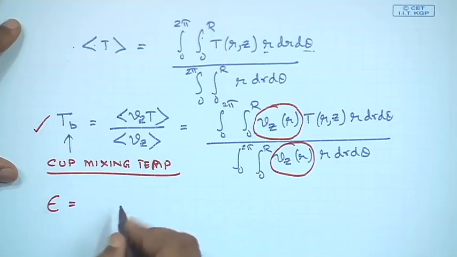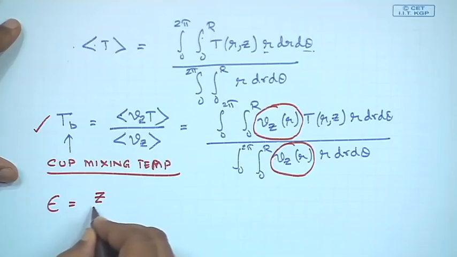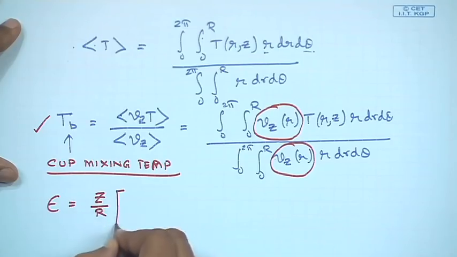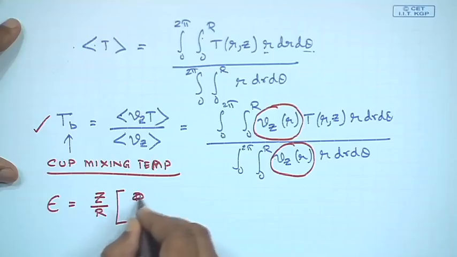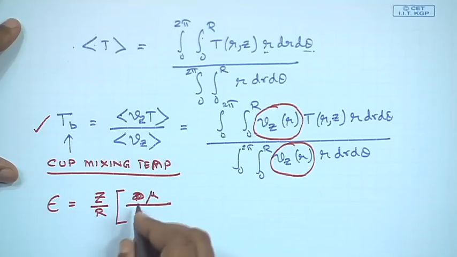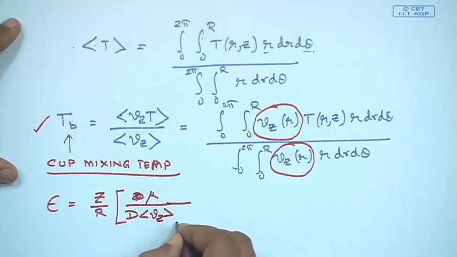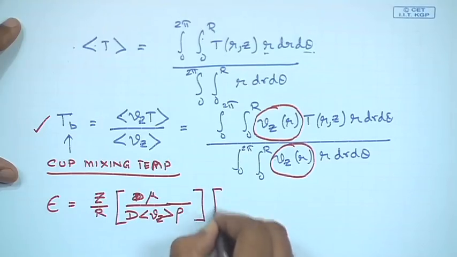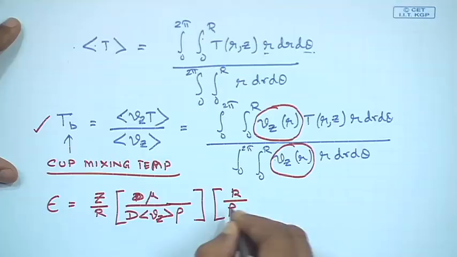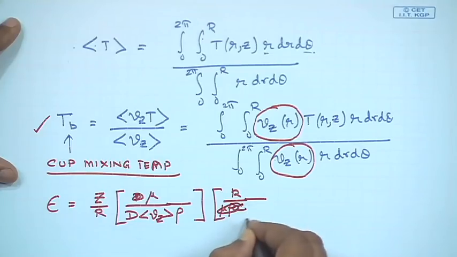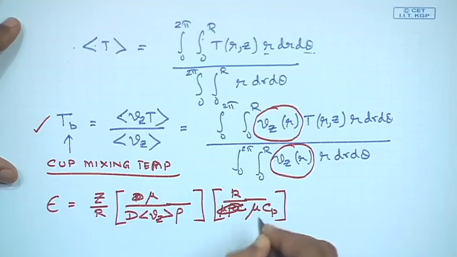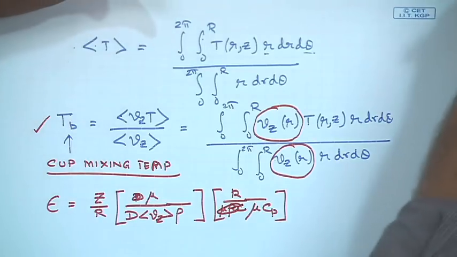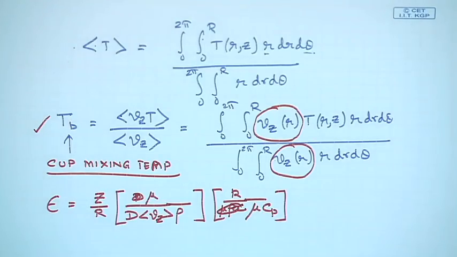If I work with this epsilon, which is defined as Z by R, and I simply introduce some of the velocities, rearrange the terms, you remember the epsilon that we have used before.